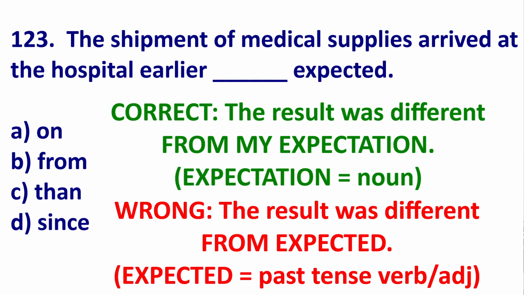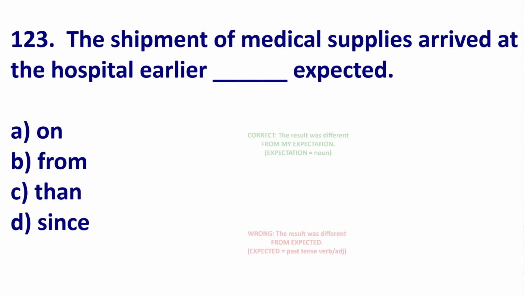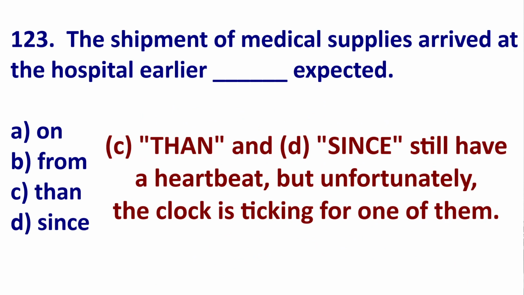For example, the result was different from my expectations. This is fine because expectations is a noun. From is the preposition. From needs to be followed by a noun form. However, it's wrong to say the result was different from expected. So now we have C and D.